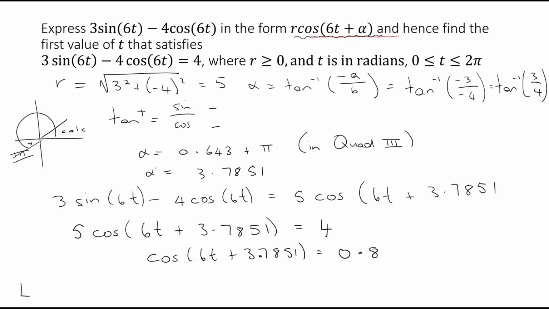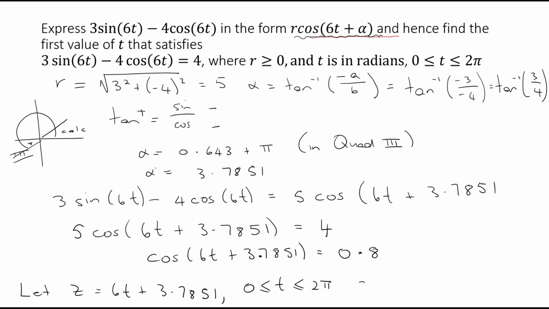And at that stage it makes it easy if we say let z equal 6t plus 3.7851, and then since it tells us that 0 is less than or equal to t, which is less than or equal to 2 pi, now we need to find what happens to z.